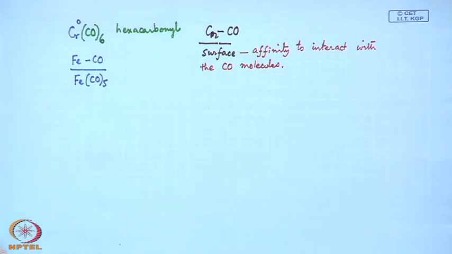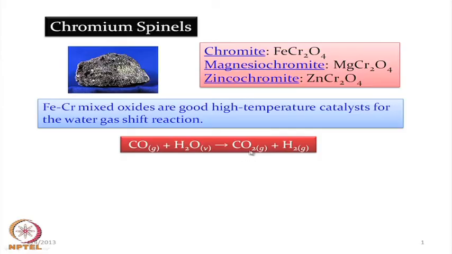So, as a result, we get a mixture of these two gases when the vapor of water molecules are reacting with carbon monoxide gas, giving rise to the carbon dioxide as well as the hydrogen gas. This is one of the useful techniques for utilizing this water gas shift reaction to eliminate the carbon monoxide burden in our atmosphere from automobile exhaust, or in some other cases for environmental point of view.